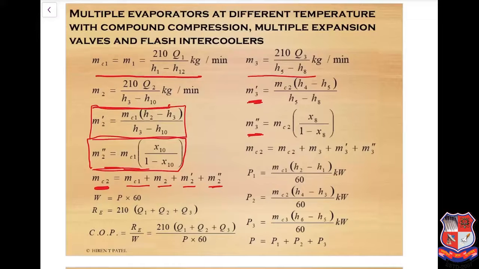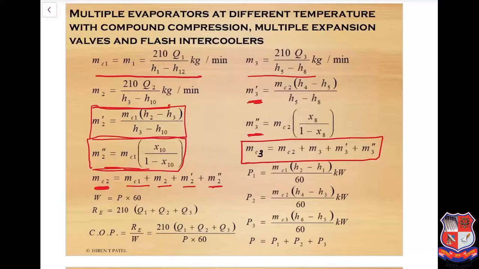So total MC3 will be equal to MC2 plus M3 dash plus M3 double dash. This is the total mass that needs to be handled by the third compressor.